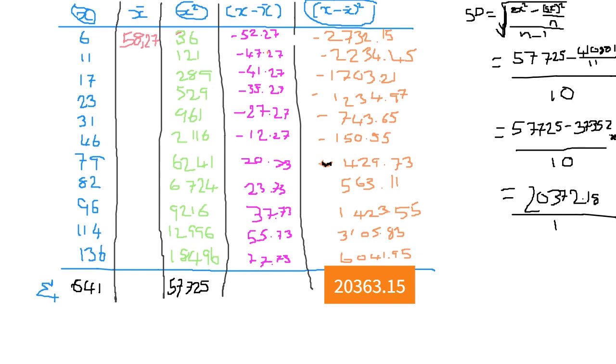Mathematical trick: that just means you move the dot to the left once. Now, remember to carry through that square root. The standard deviation is 45.14. And because we now know that the variance is equal to the standard deviation squared, the variance is 2037.22.